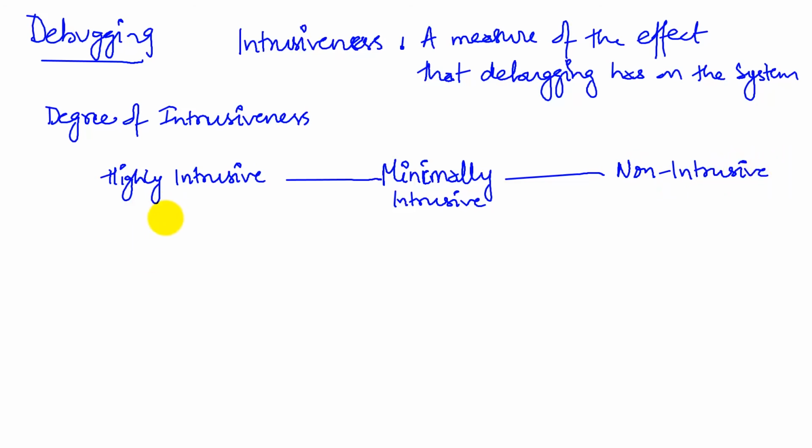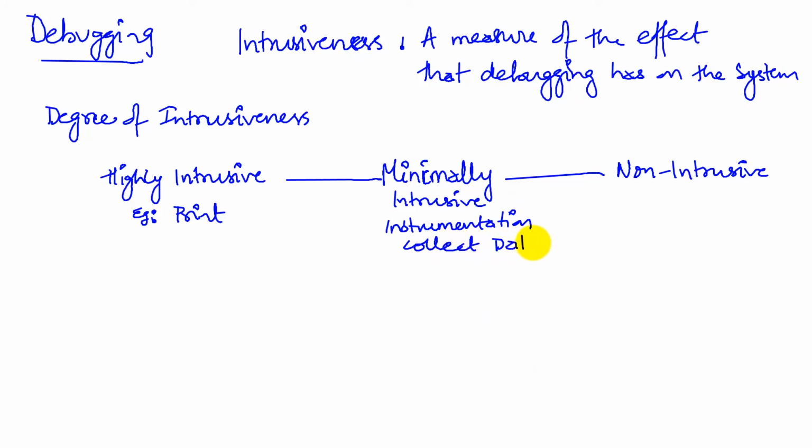So for example, if I use print statements as a mechanism for debugging, that's very intrusive. If I use the mechanism of instrumentation, what does that mean? Instrumentation is to collect debugging data.